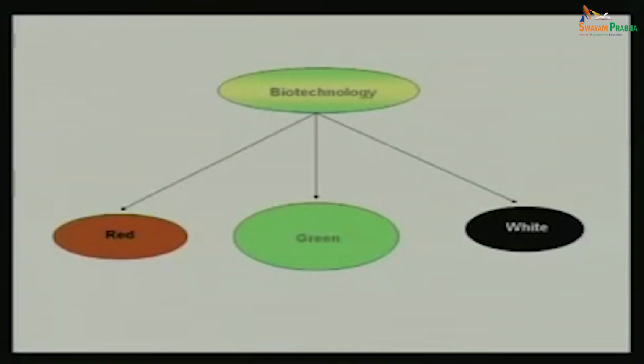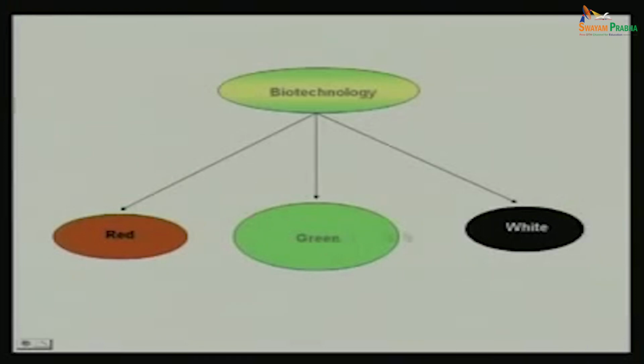Now, if we classify biotechnology, nowadays many of you have come across terminologies like red biotechnology, green biotechnology, white biotechnology and so on. So, what are those? Red biotechnology is pharmaceutical biotechnology, the branch which has direct connection with healthcare activities.